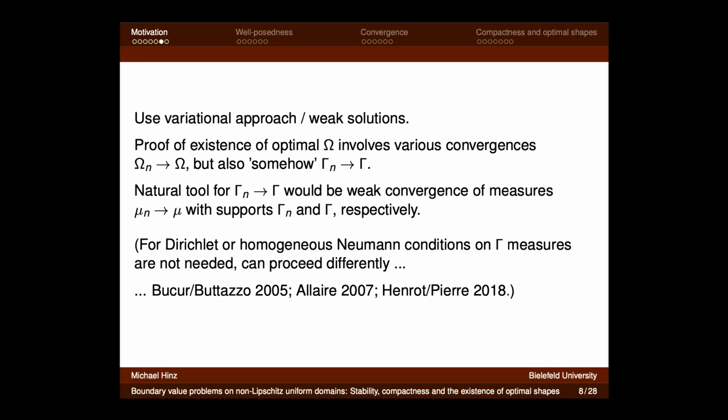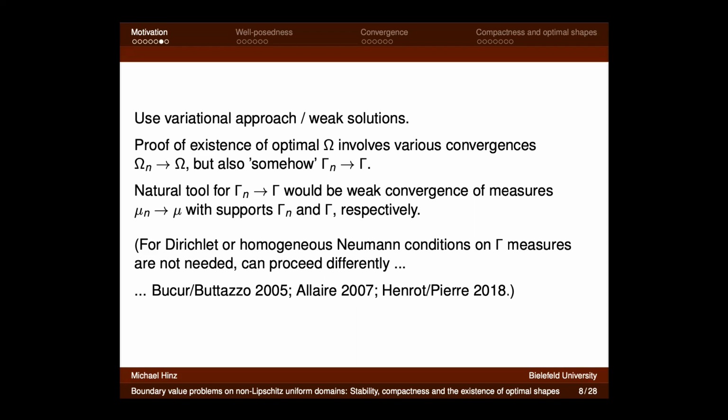Now, I would like to stress that if we would impose only Dirichlet conditions everywhere, or only homogeneous Neumann conditions, then we would not have to talk about these measures at all, because we can just abuse Gauss-Green formula, write everything with terms inside the domain, so to speak, and forget about these problems of measures on the boundary. This is why one can proceed differently in these cases.